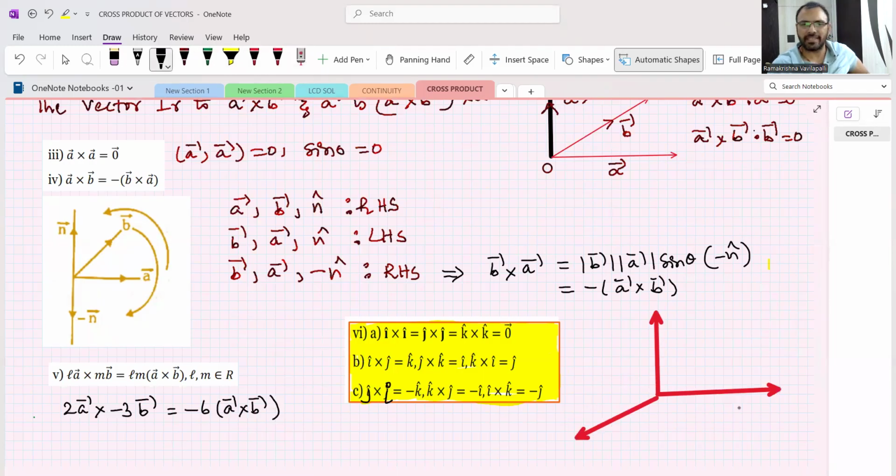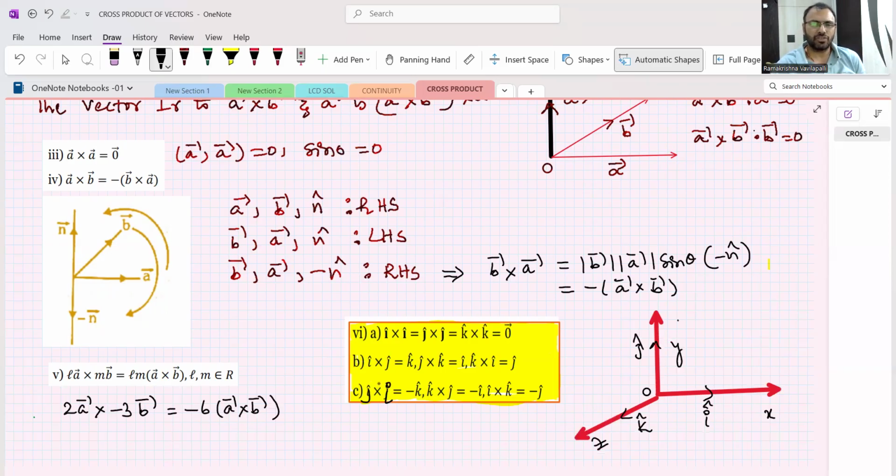So along the x-axis I cap, along the y-axis j cap, and along the z-axis k cap. Okay. So here I cross j is equal to mod I into sine 90 degrees into the vector perpendicular to I and j, that is k cap.